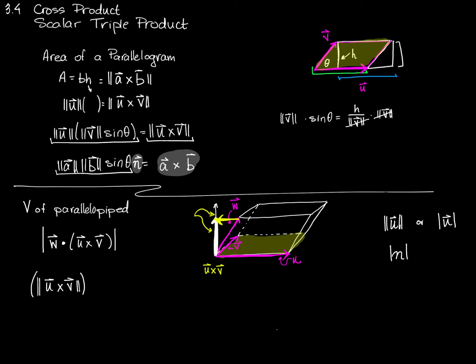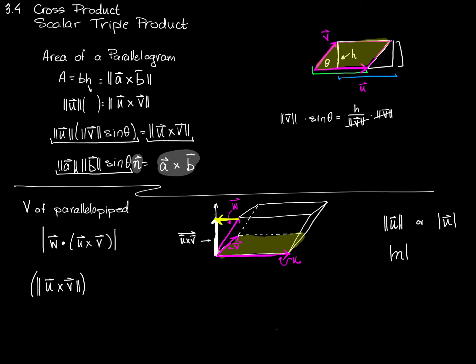So I'm going to call this white vector here U cross V. Let me erase a little bit of this stuff here. It's starting to get a bit difficult to see what's going on. The result of a cross product is itself a vector, right? So that's a little bit redundant notation, but that is a vector.